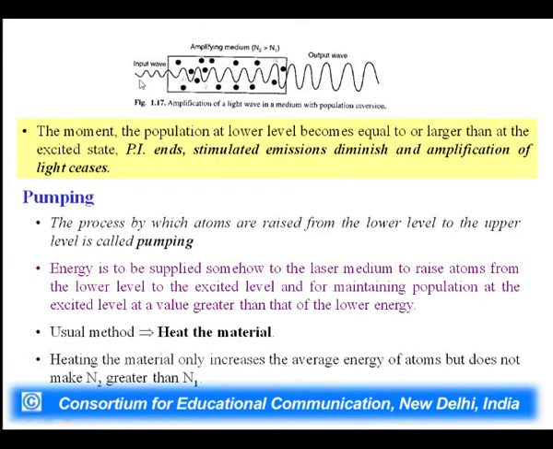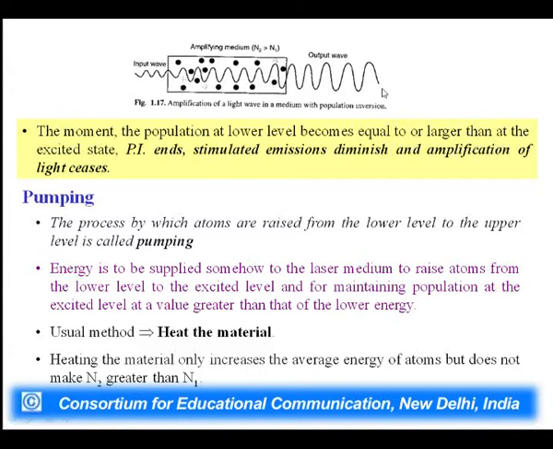Here in the diagram, we see the input wave, a very weakly amplified wave in the medium. If amplified, it means N2 is greater than N1. In the previous diagram, we saw that N1 is greater than N2, but in this diagram, N2 is greater than N1. The population at the higher level is more as compared to the lower level, and the light is amplified, and then the output wave is more.